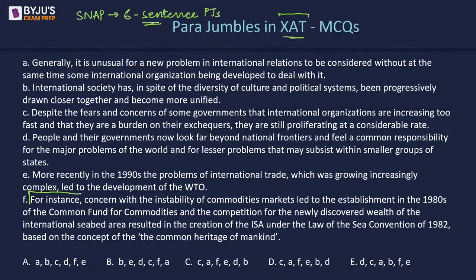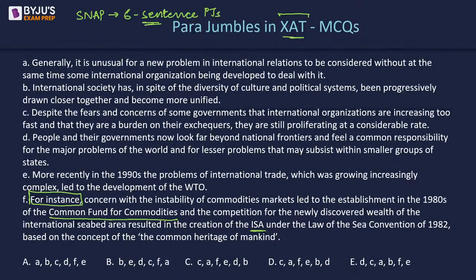F says for instance. That means it is giving me an example of something, isn't it? For instance, concern with the instability of commodities markets led to the establishment in the 1980s of the Common Fund for Commodities, and the competition for the newly discovered wealth of the international seabed area resulted in the creation of the ISA under the Law of Sea Convention of 1982, based on the concept of the common heritage of mankind.